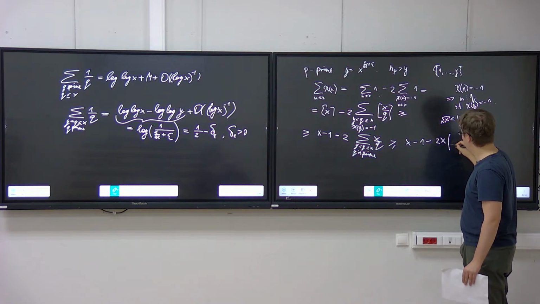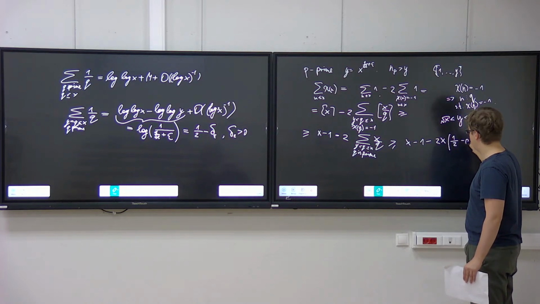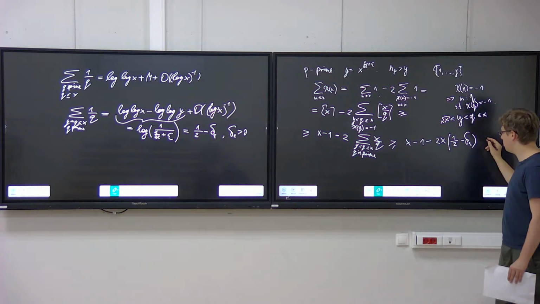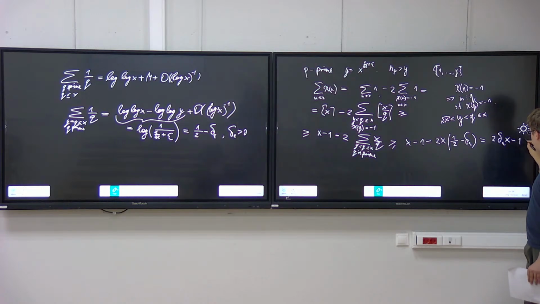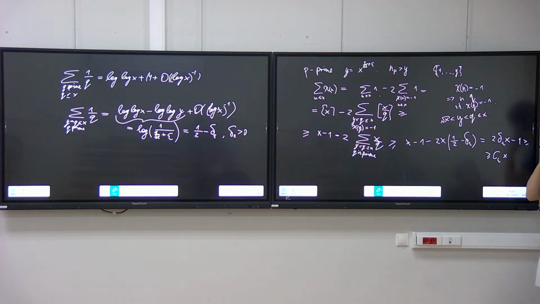And here will be 1/2 minus the epsilon, and this is equal to 2 delta epsilon x minus 1, yes? And this is indeed, we have some constant. Yes?